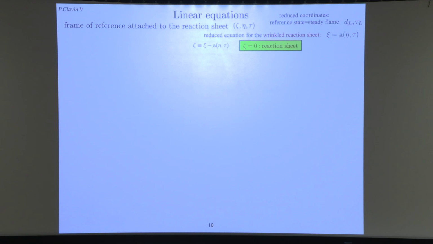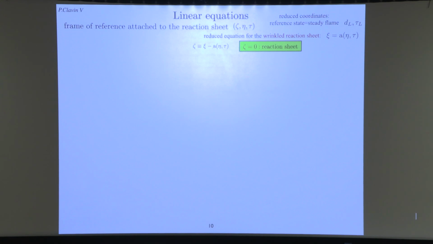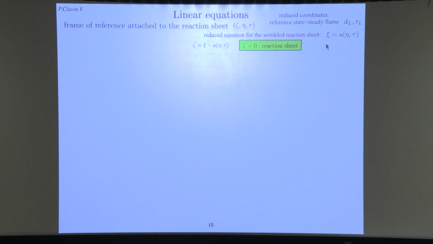Okay, we are going to work in the frame attached, the reference frame attached to the reaction sheet. So the reaction sheet, its equation is here in reduced coordinates.